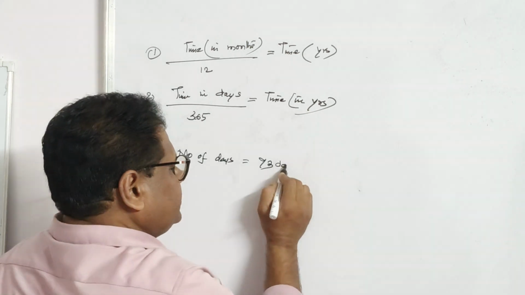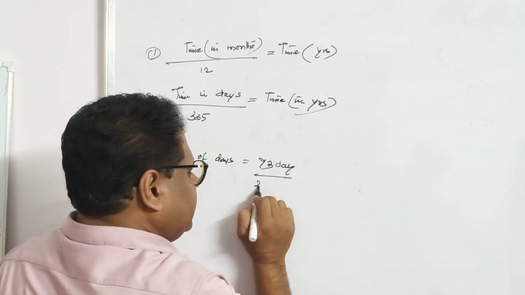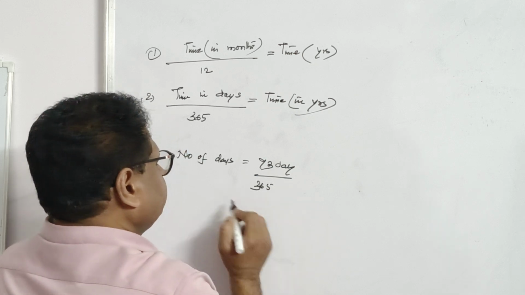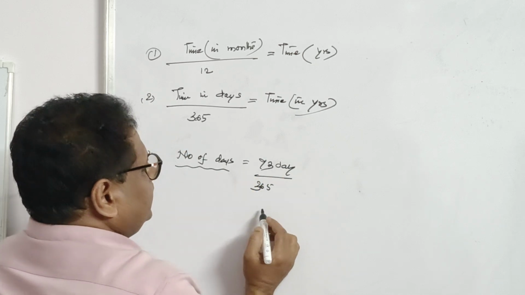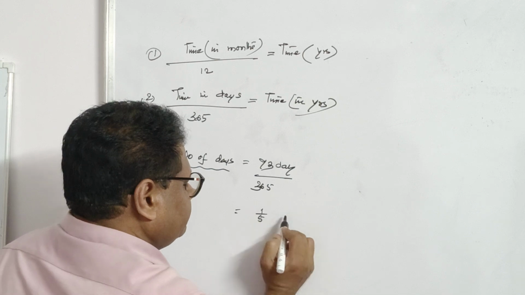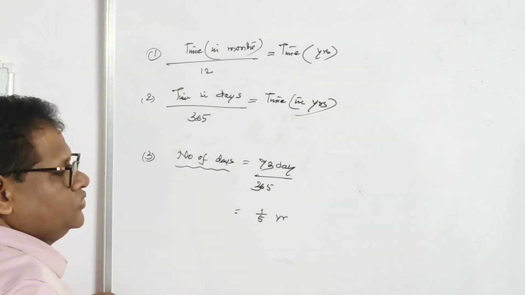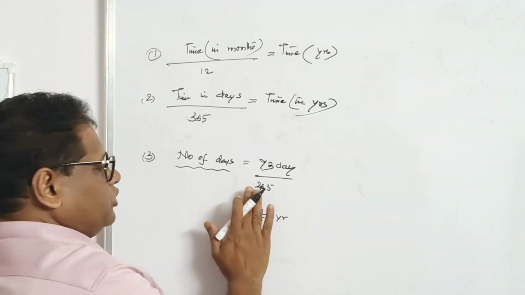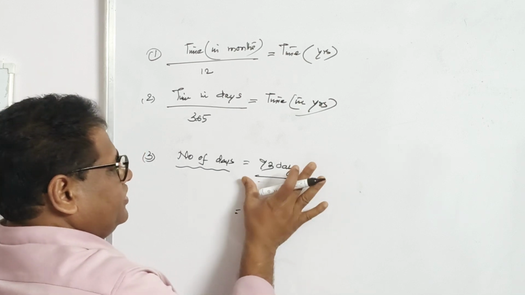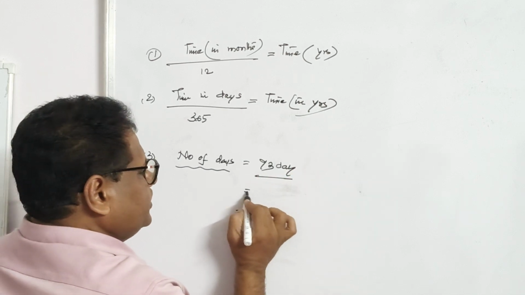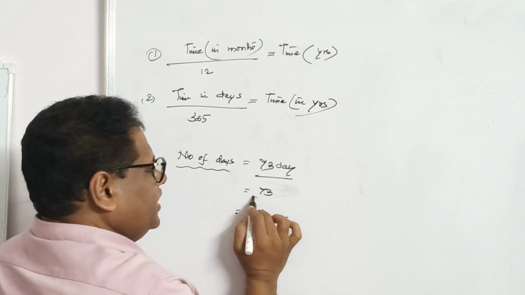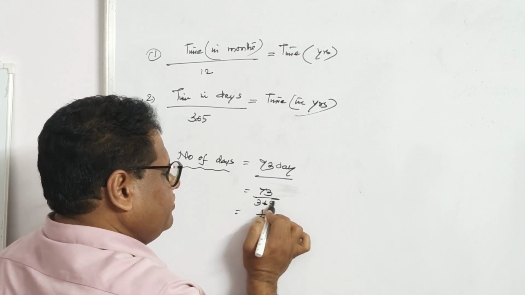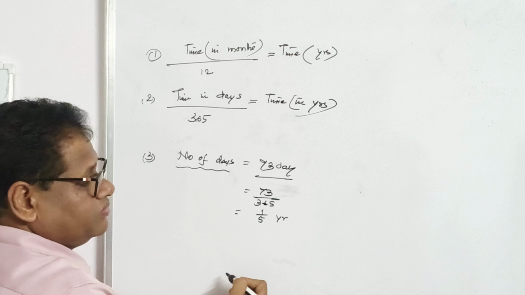If it is 73 days and you divide it by 365, then this will be 1/5 year. Clear? So if the time period is 73 days, the conversion is 73 divided by 365, so that comes to 1/5 year.